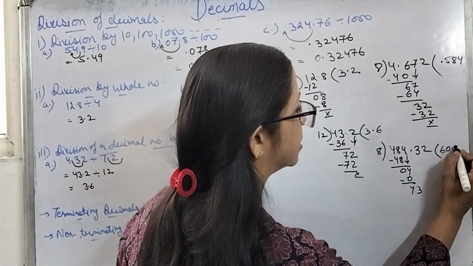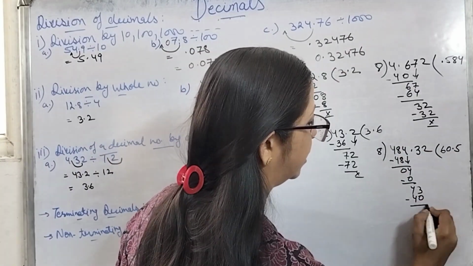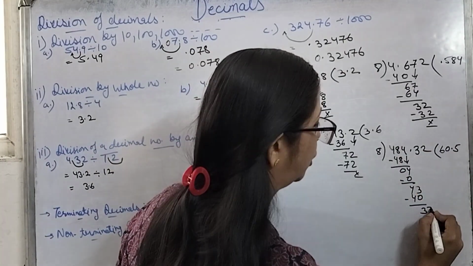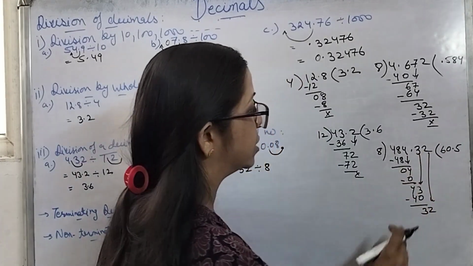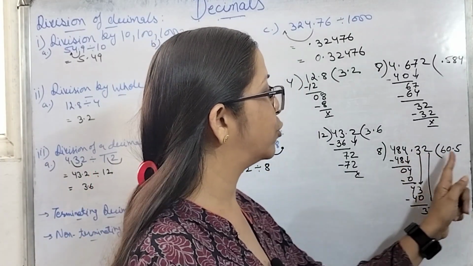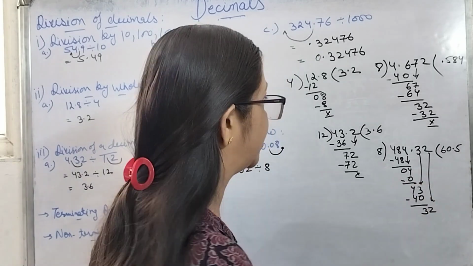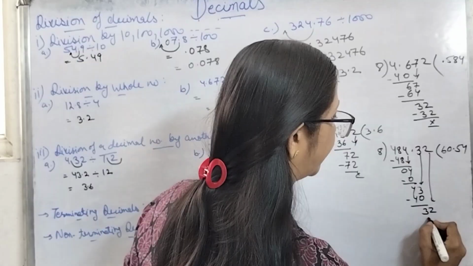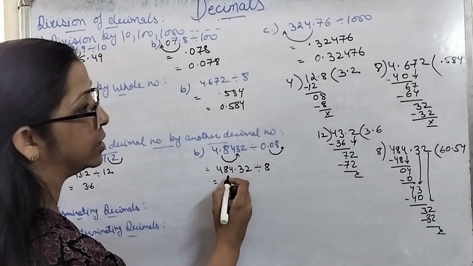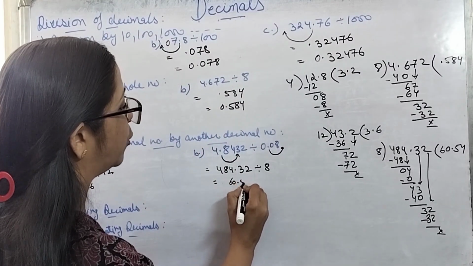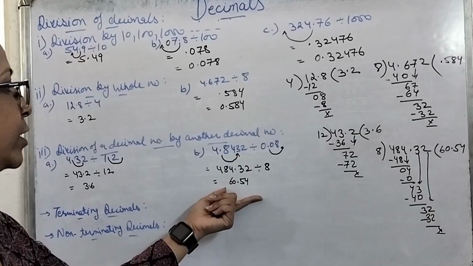So 8 5s are 40. Then 3 is here, and then 2. We have taken this 2 over here. This 3 we have taken here, because here 3 we have taken after decimal, so we have placed decimal over here in the quotient. 8 4s are 32. So remainder is your 0. So when we divide these two numbers, the quotient will be 60.54. This will be the quotient.